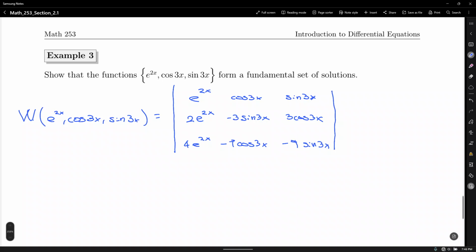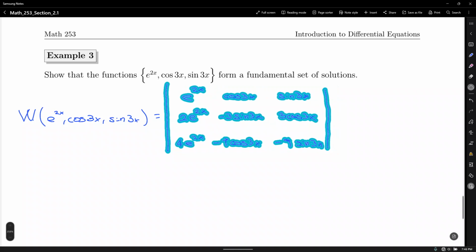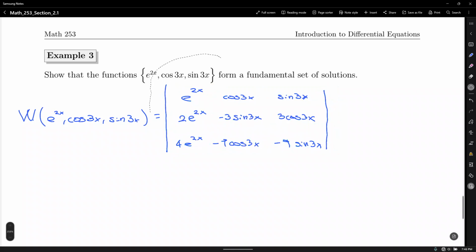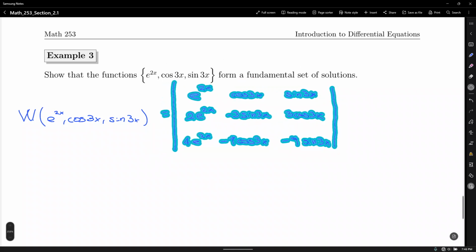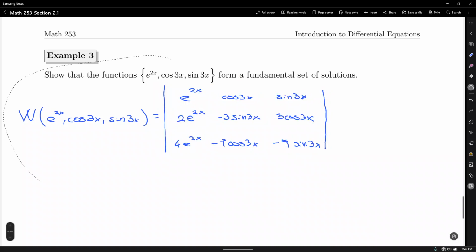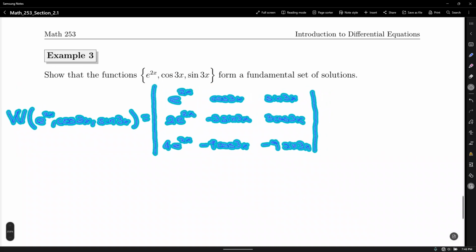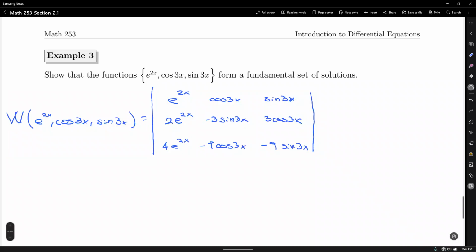Okay, so this time we have to evaluate a 3 by 3 determinant, and there's a few ways to evaluate a 3 by 3 determinant. Number one, if we were in a linear algebra course, we have a couple of techniques, a couple of strategies. Number one, expanding by cofactors and minors, or number two, using elementary row operations to reduce the 3 by 3 matrix into a 2 by 2 matrix.